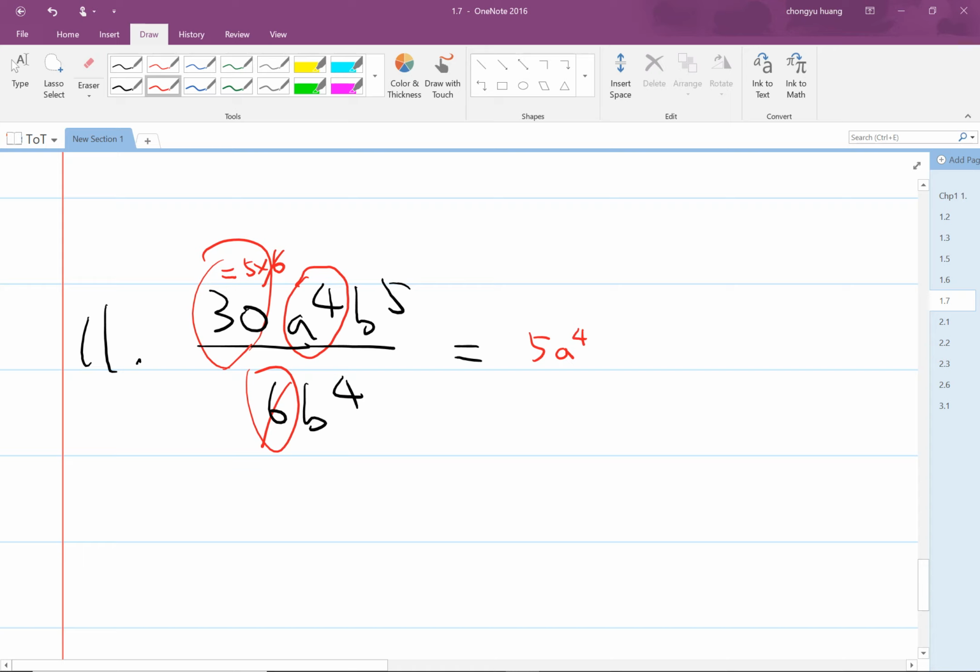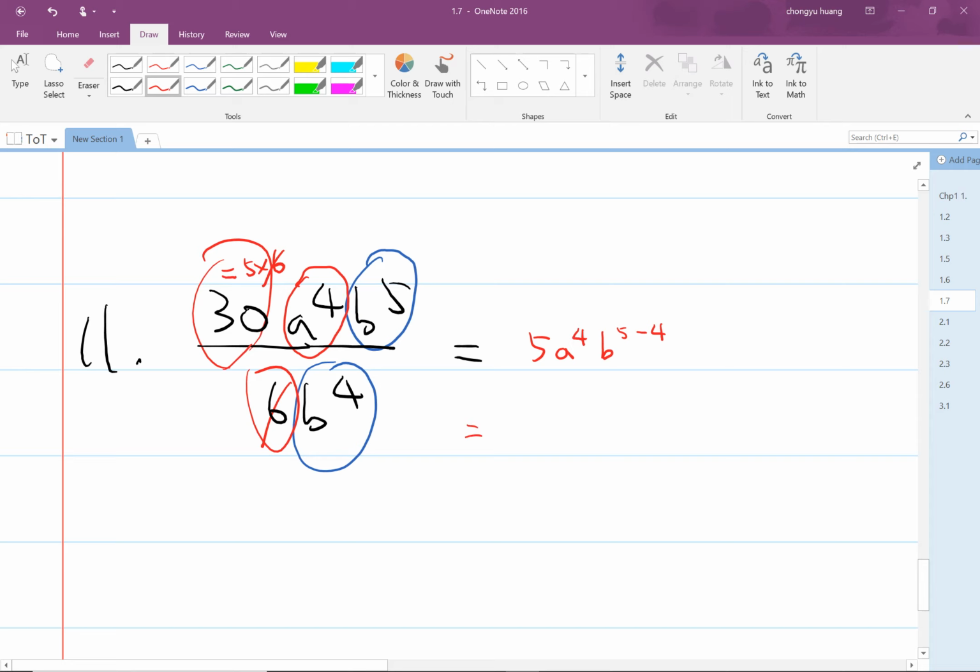And then what you see over here is that you have b to the power 5 in the numerator, and you have b to the power 4 in the denominator. So as the property says, it's going to be b to the power 5 minus 4, right?